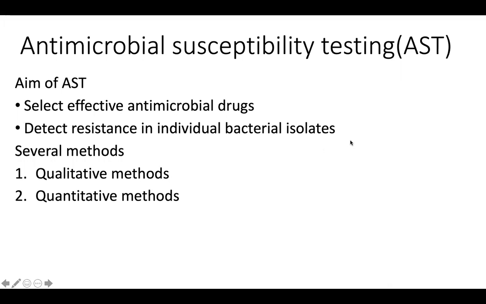Ideally, all hospitals should have ways to do surveillance. Each year you should have a report on, for example, 50 cases of pneumonia caused by Streptococcus pneumoniae, which has been sensitive to amoxicillin for a long time.